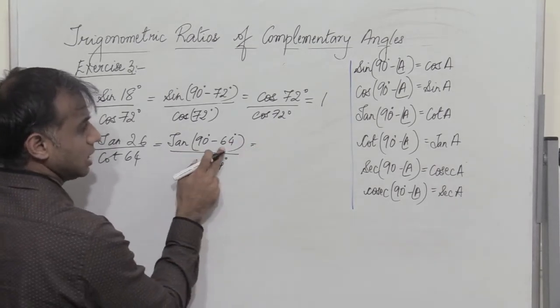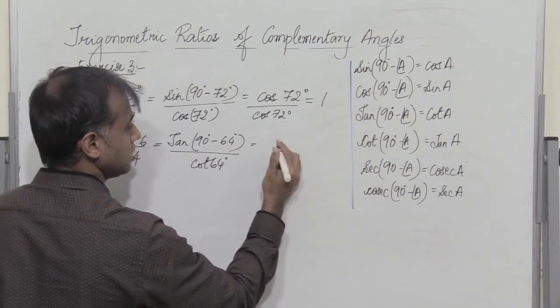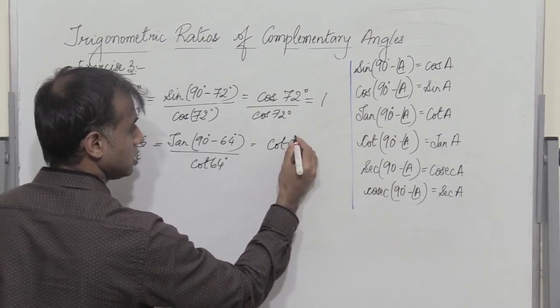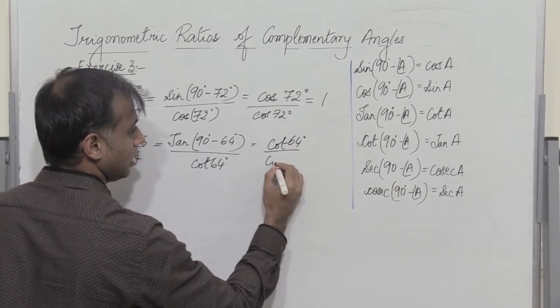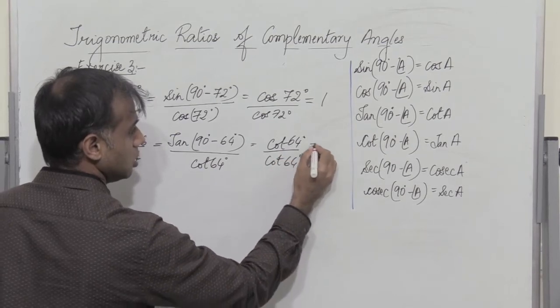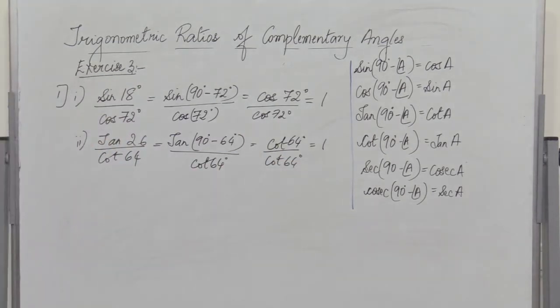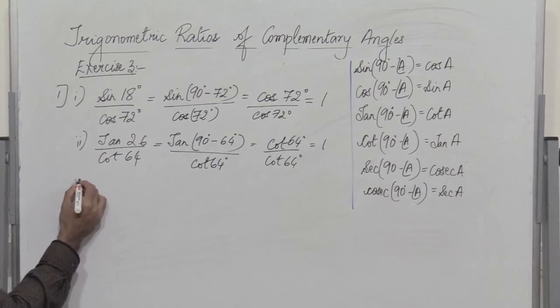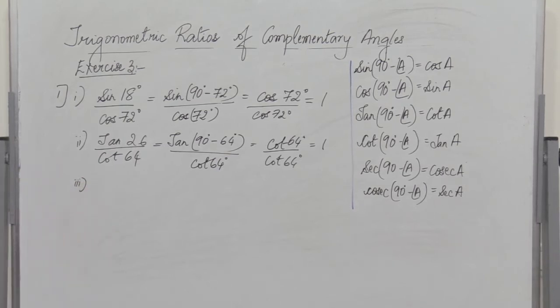So I have tan of 90 minus A. What is tan of 90 minus A? It is cot A. So I have cot 64 divided by cot 64 degrees, which is 1. Next, the third one. You observe that these are all very simple problems.